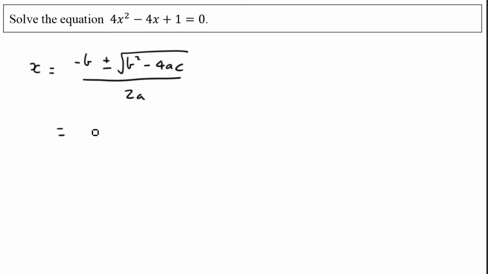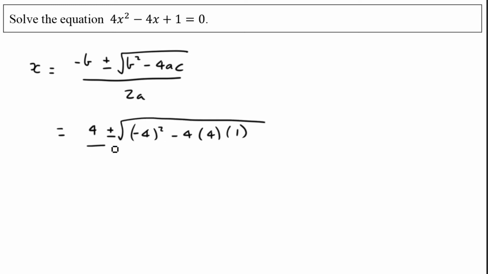The negative of negative 4 is 4, plus or minus negative 4 squared, subtract 4 times a, how many x squareds have we got? Also 4, times c, the constant on the end, 1, all of that is square rooted, divided by 2a, 2 times 4.